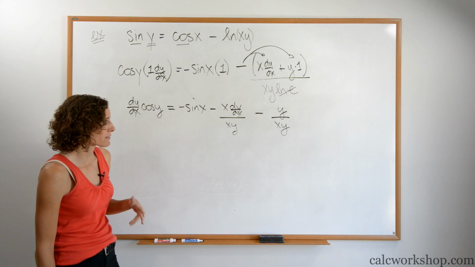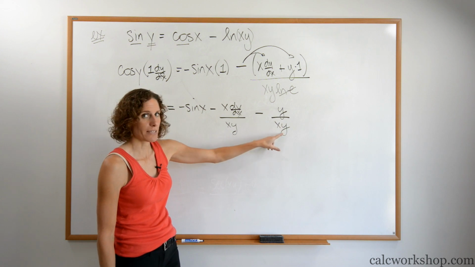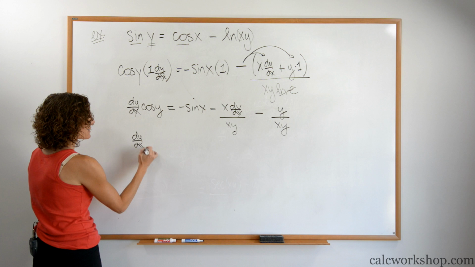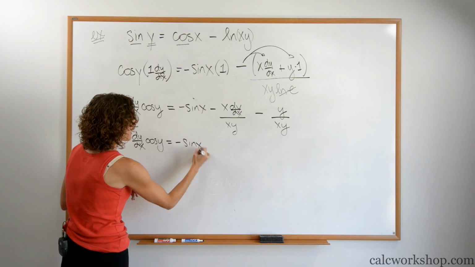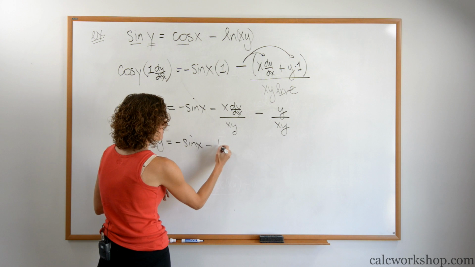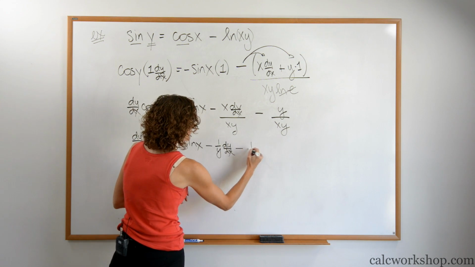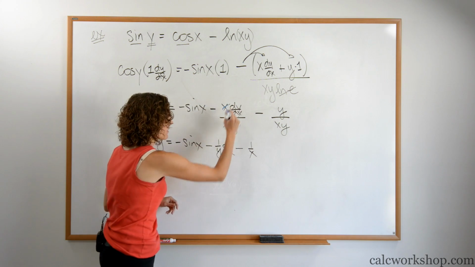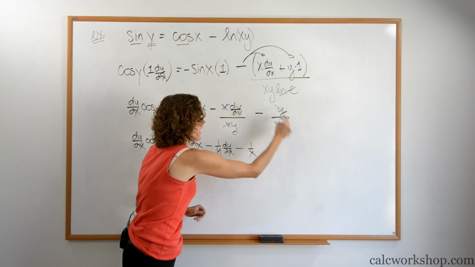What do we recognize? Well, x's can cross out here, y's can cross out there. So let's go ahead and do that. dy/dx cosine of y equals negative sine x, and then minus 1 over y dy/dx minus 1 over x. So again, these x's cross out, so it's 1 over y, and these y's cross out, so it's 1 over x.